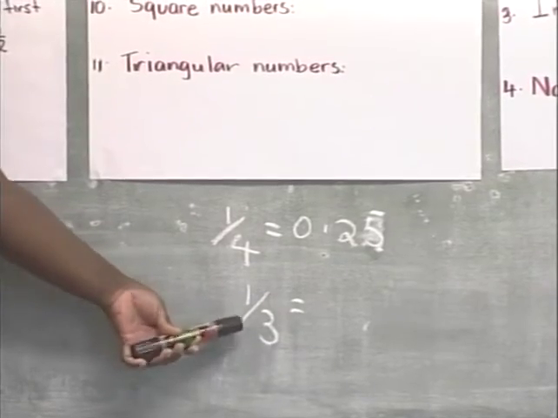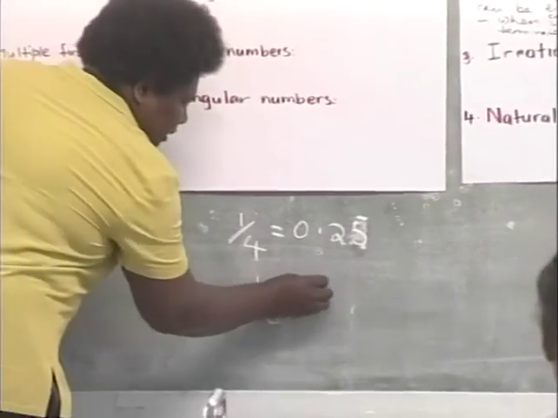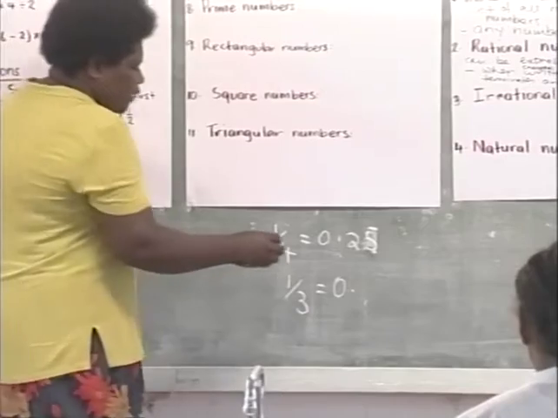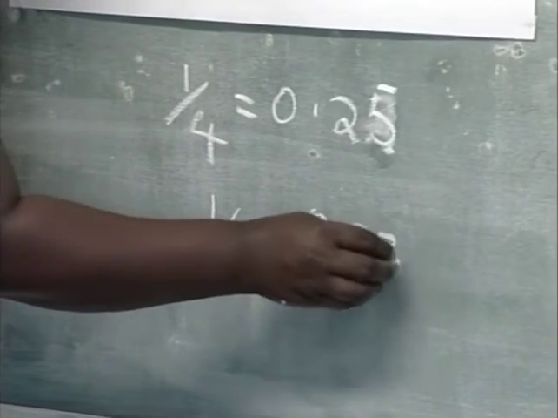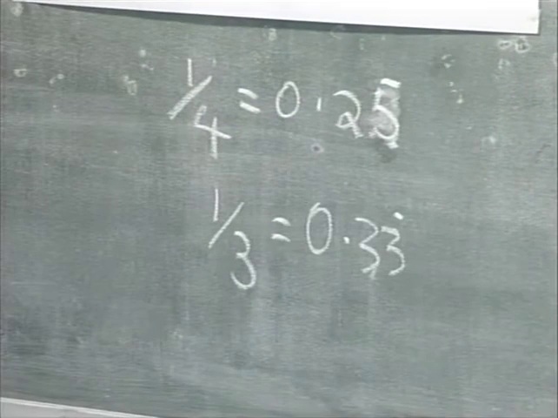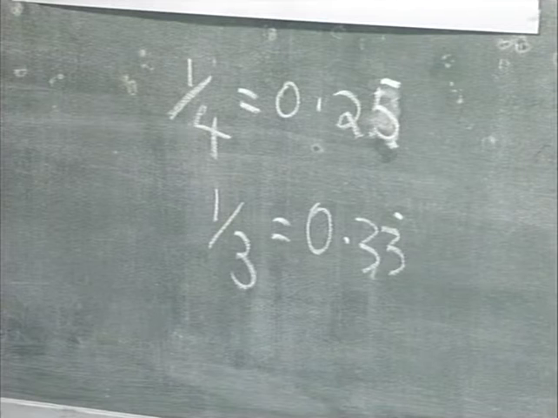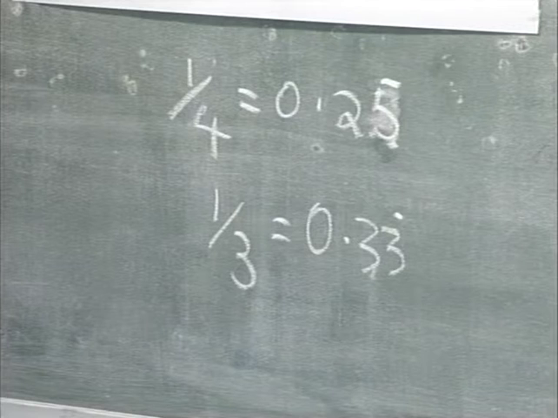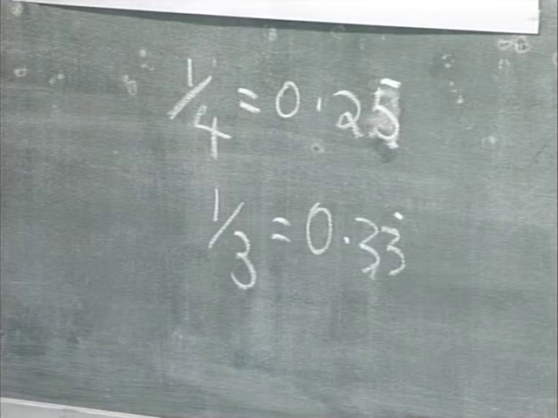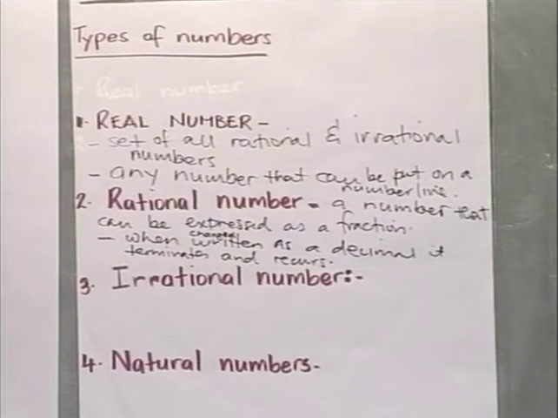When I change it to a decimal, because I know this by heart, it's 0.33 recurring. Okay, did you get that? So a rational number, if changed to a decimal, terminates or it recurs, or otherwise there will be a pattern, like 0.252525. That fraction is also known as a rational number. Clear?